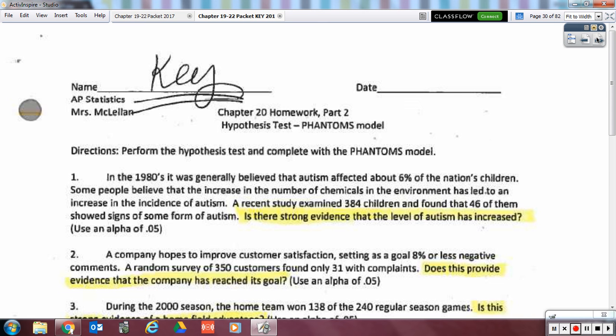A recent study examined 384 children and found that 46 of them showed signs of some form of autism. Is there strong evidence that the level of autism has increased? So can I say now that more than 6% of the nation's children have autism? It tells me to use an alpha of 0.05, which is the default anyway.